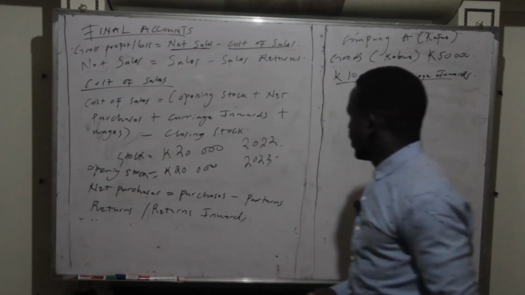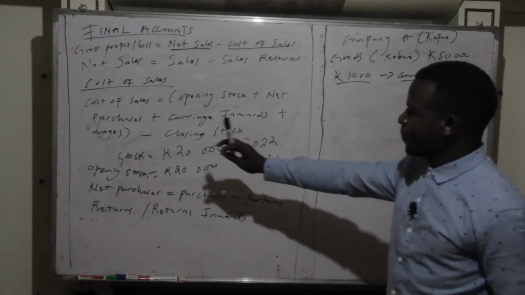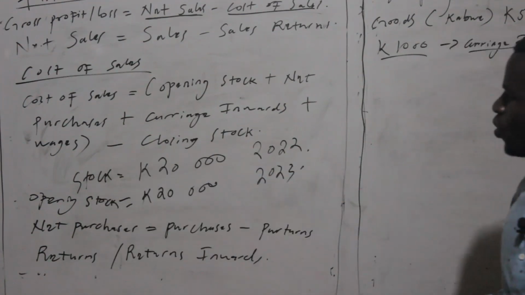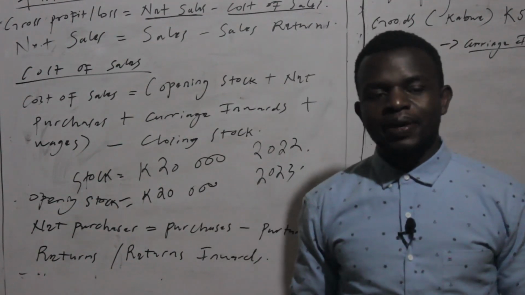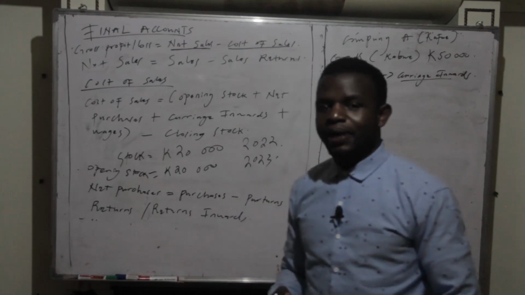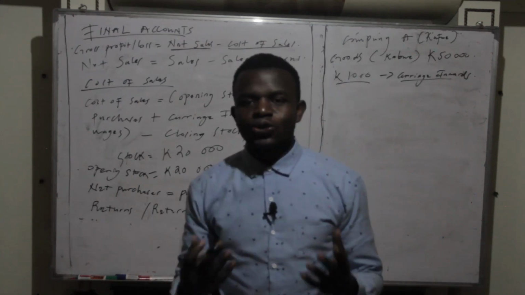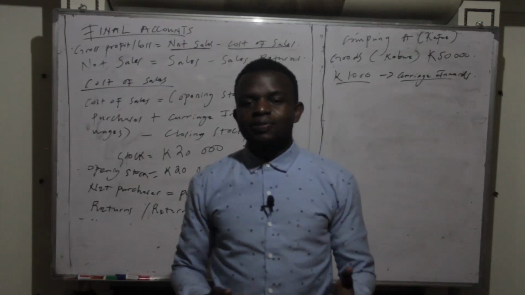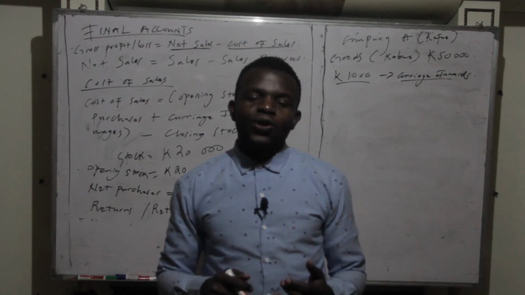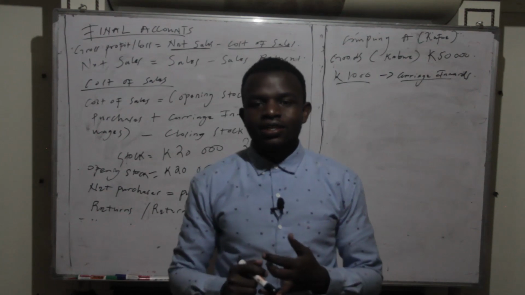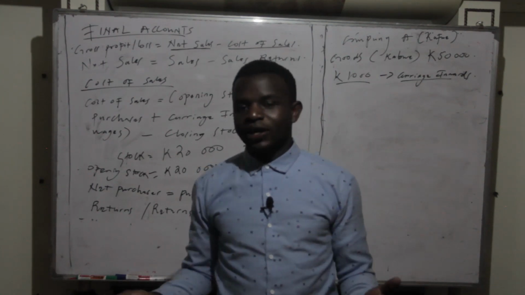Let us look at the other term that we have in the formula. So wages. So wages is the irregular payment or non-fixed payment that is paid to workers. And this is paid to workers according to the amount of work that they do or according to the duration of time they work.